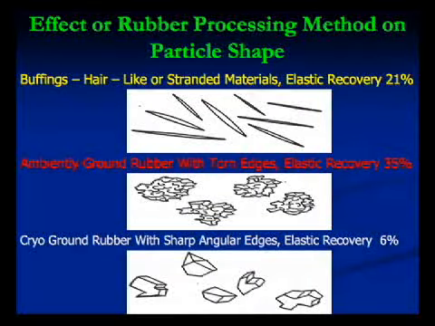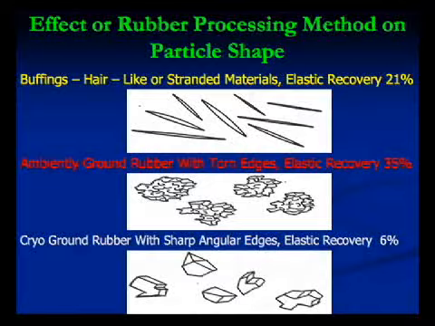You're looking at ambiently ground crumb rubber. If you look at it under a microscope, you're going to see a torn edge with large surface area, and we're looking at an elastic recovery of 35%. Cryogenic rubber has smooth surfaces, lower surface area, and you're looking at an elastic recovery of 6%.